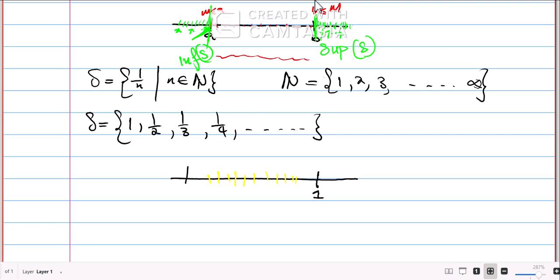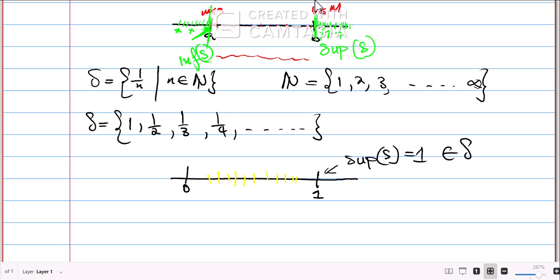Let's say this is our 0. And this set S doesn't contain 0. So we say the supremum here is 1. The sup of S is 1, and 1 is an element of S.